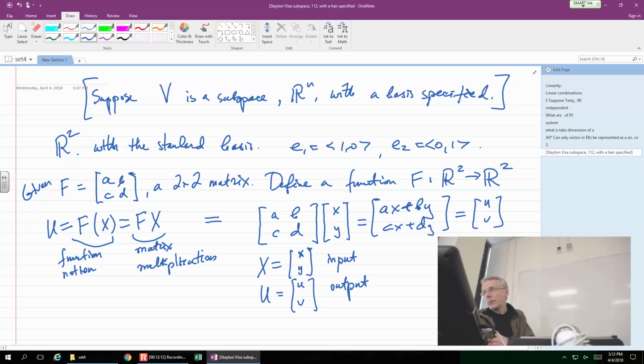I'm supposed to end up with (u, v), and then those lowercase u and v can now be expressed in terms of x and y lowercase. So I have u equal to ax plus by, and v is equal to cx plus dy. Okay, so if you look at these two functions separately, ax plus by, what is it?